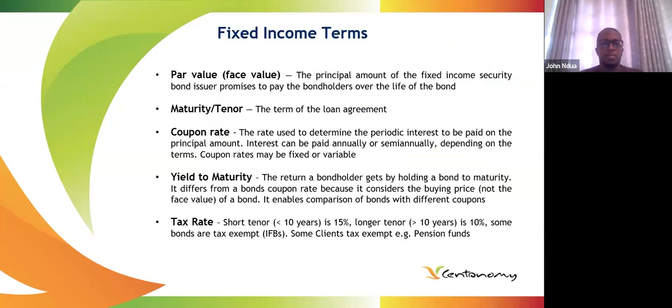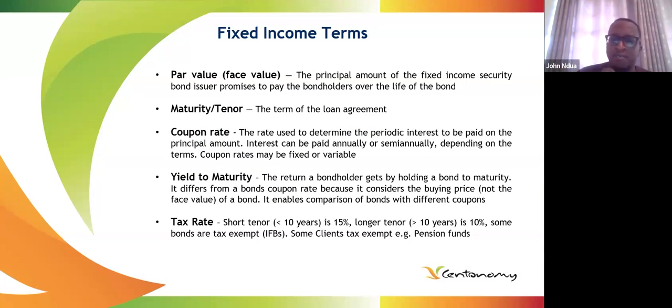So when you want to invest in fixed income, there are several terms that you will come across, and you need to understand what they mean. So I'll start with the first one. The first one is called par value or face value. What does that actually mean?